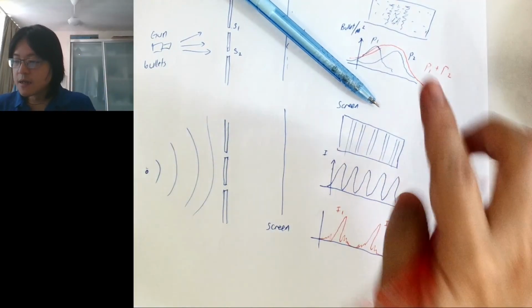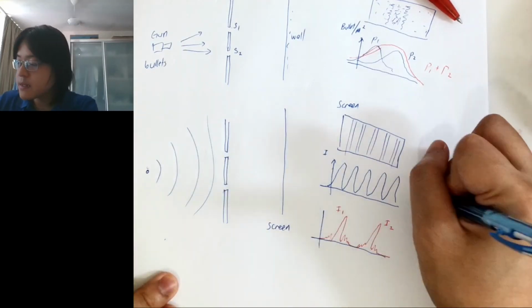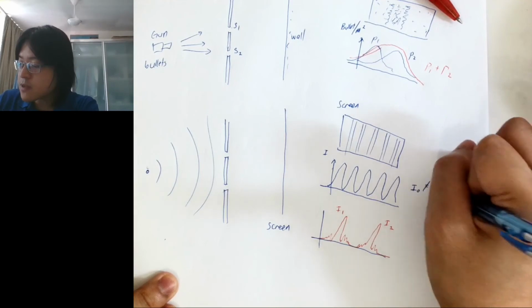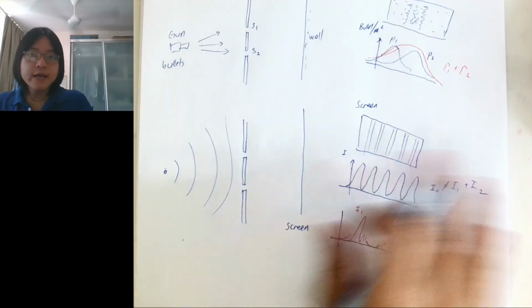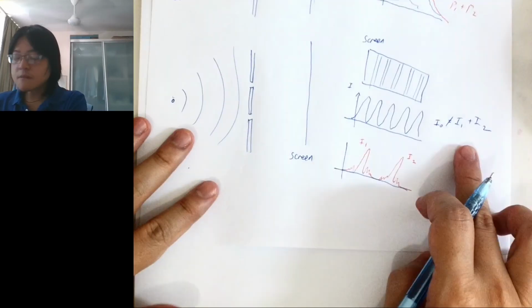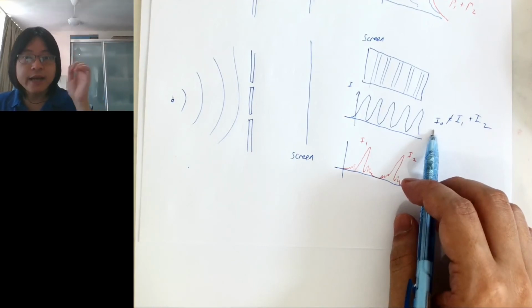The I total is not equal to I1 plus I2. We know this already, and the reason is that the interference is not happening at the intensity, it's happening at the electric field.